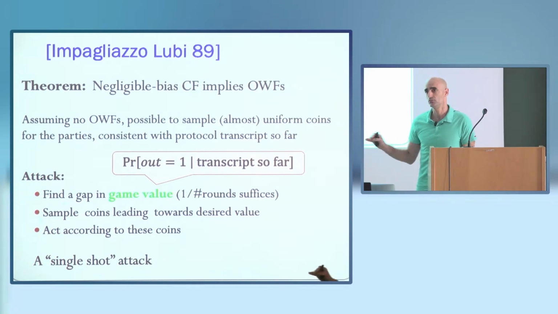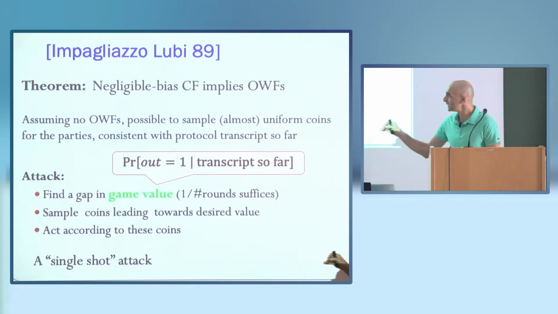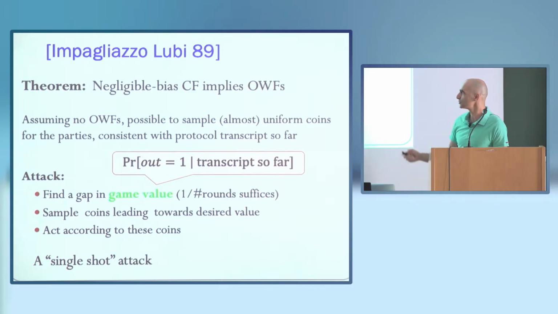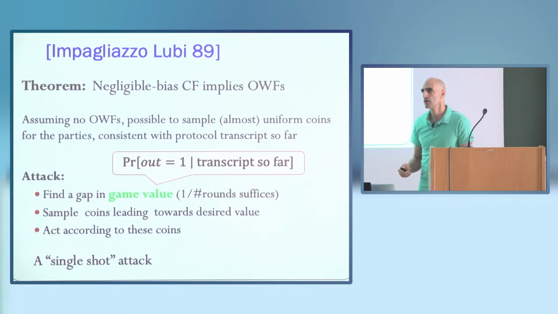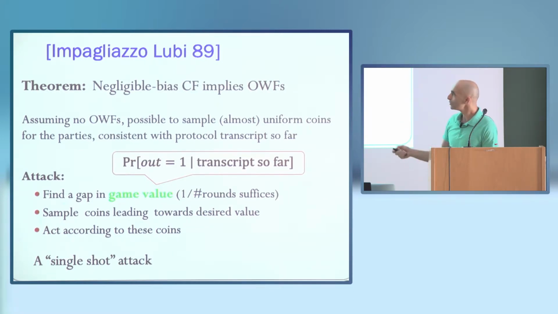It's a very nice feature. Yeah? I didn't understand the attack. What does the party do with the sampled coins? No, so think you are party A. Either A can do it or B can do it.